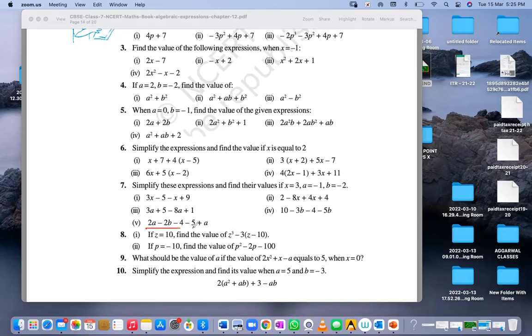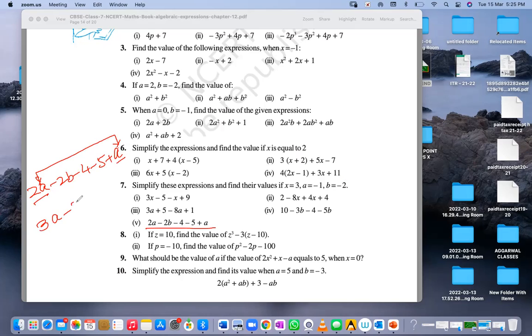Last question of this topic, last part of the 7th question. 2a, 2b, -4, -5 plus a. What are like terms here? Sir, like terms are 2a and a. If you add these two, the 2a plus a, this is 2a plus 1a, that is 3a.